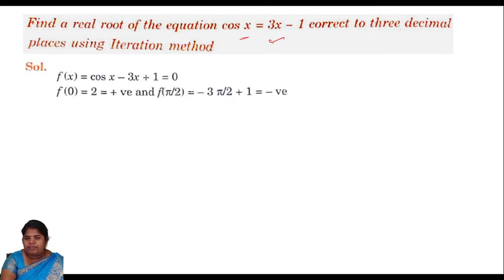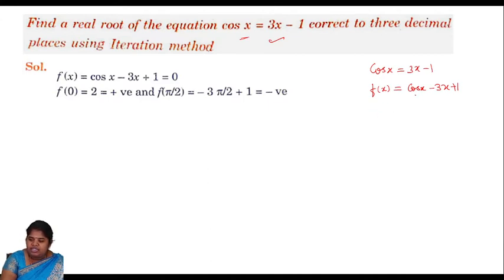So write the given function as f of x: the given equation is cos x equal to 3x minus 1. Therefore, taking these terms to the left side, cos x minus 3x plus 1 is our f of x. Now we have to check at which points f of a and f of b are of opposite signs.